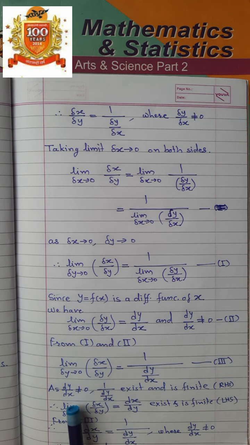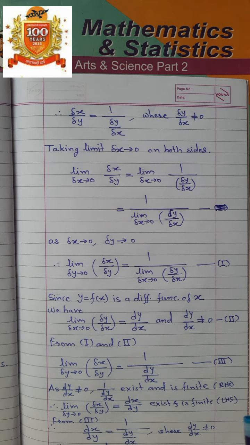As dy by dx is not equal to 0, 1 upon dy by dx exists and is finite on the right hand side, then limit del y tends to 0 del x upon del y, which we can write as dx upon dy, also exists and is finite.